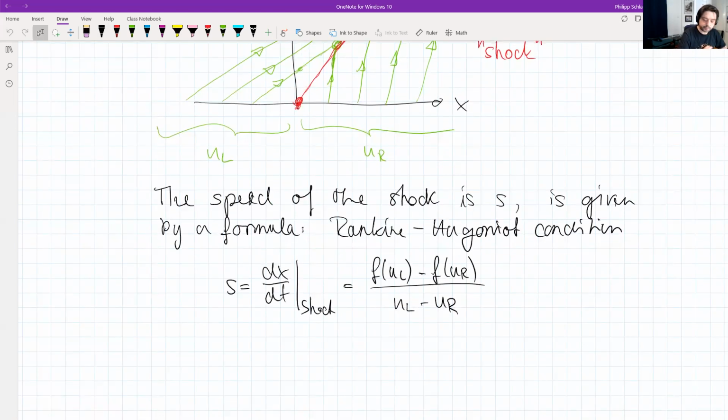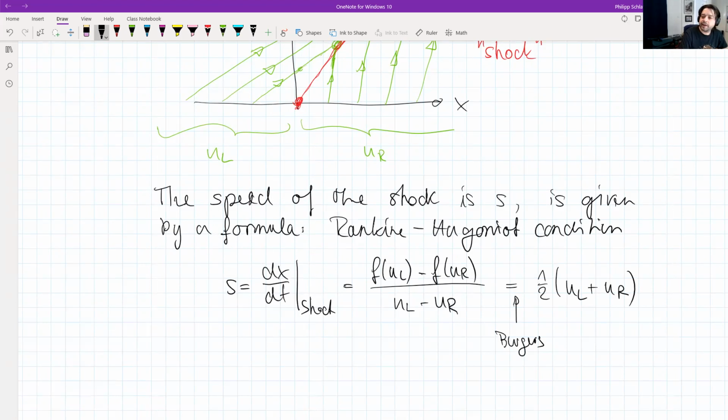If we put in the flux function from Burgers, which we know is that f of u is u squared divided by 2 for Burgers, if we put that in, then you will actually see that for Burgers, the result for the shock speed will be very simple, just 1/2 of ul plus ur.